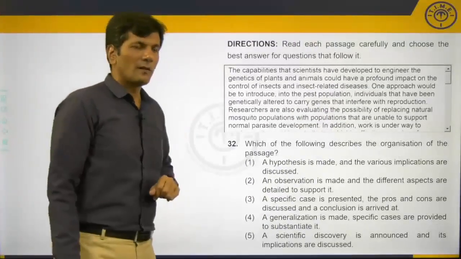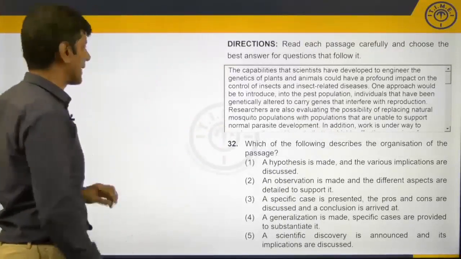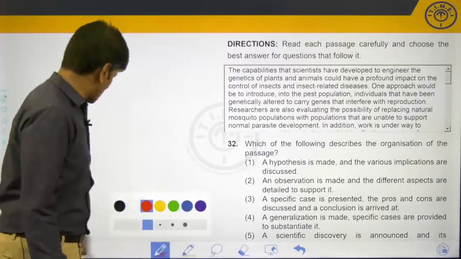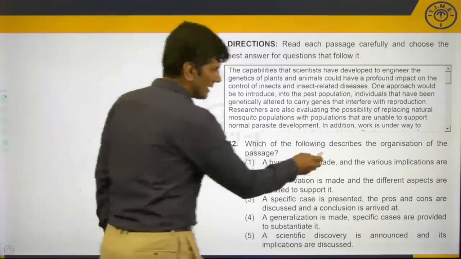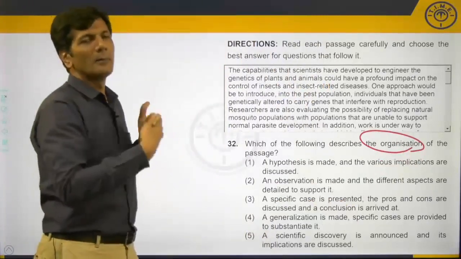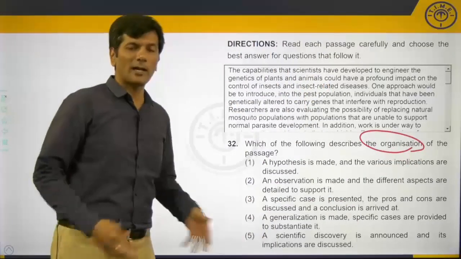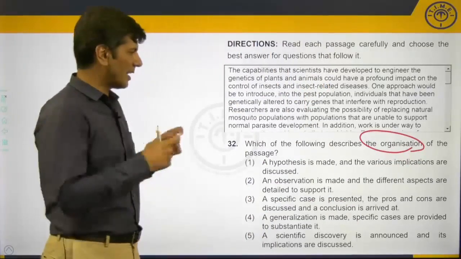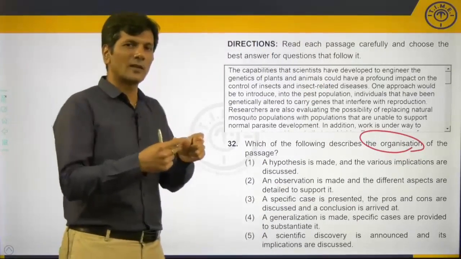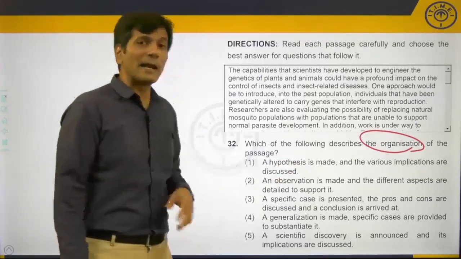Thirty-second question. Which of the following describes the organization of the passage? Now look at this question type. It's a very interesting question type that is actually asking you to understand the flow of ideas from one paragraph to another. You'll have to take a look at all the answer options and see how the words in the choices differ from one another. A hypothesis is made.